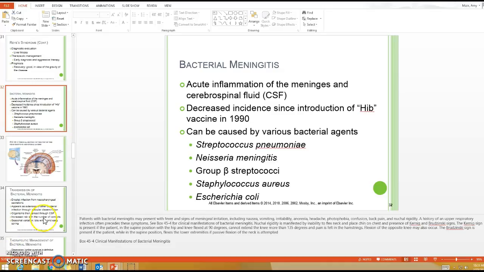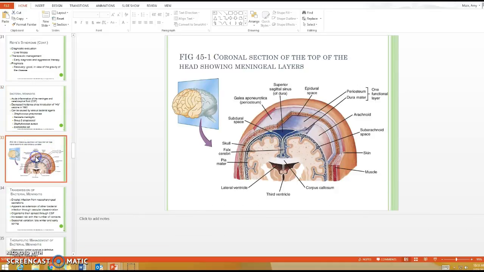Okay, so let's move on to the next slide. This is just to outline, in case you're wondering why the meninges are so important and why this can be so deadly. Well, the meninges are the layers that encase the brain and the spinal column. You'll see this diagram here, and it lays out the layers and the spaces in between.